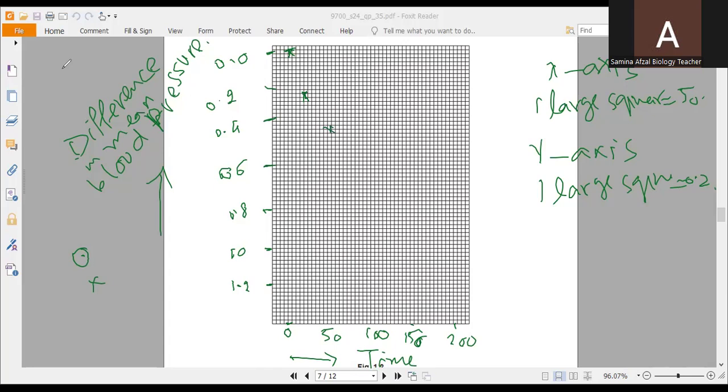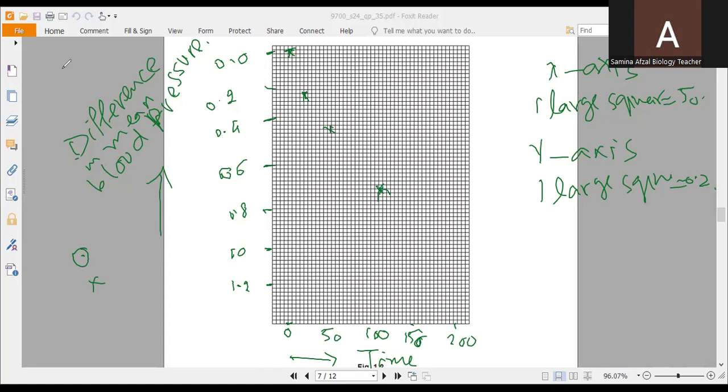And then at 125 after this, it will be about 0.92, so it will be about over here. Sorry for this type of drawing, it is very difficult, but you can draw it very well, students, on a page.